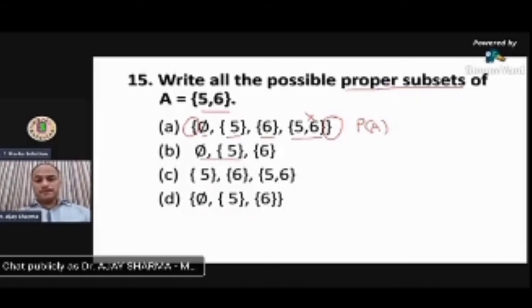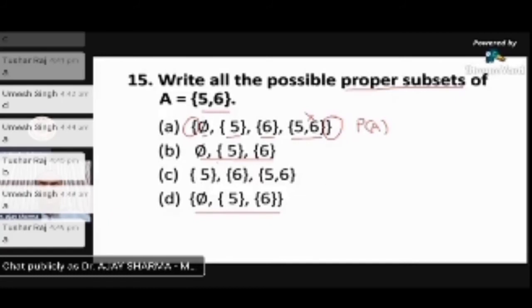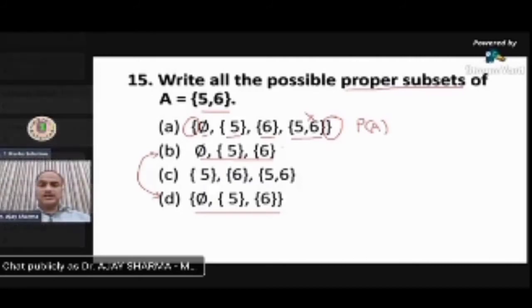Now again, there are two options which give some confusing answers. They look similar, and only one option is correct among them. I wrote them intentionally so that you are clear about this concept.